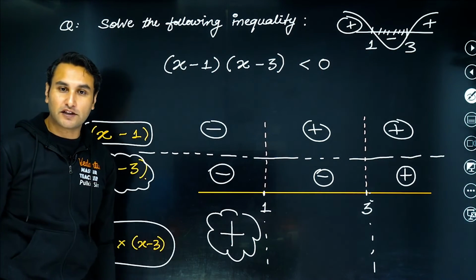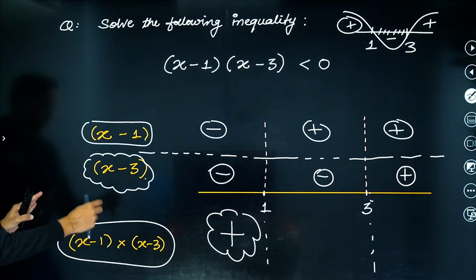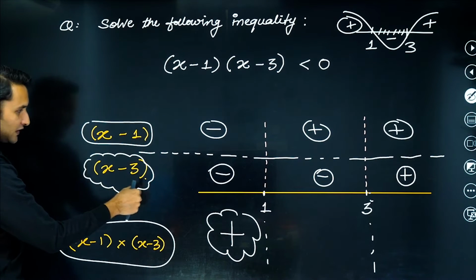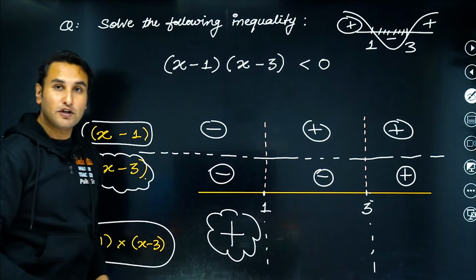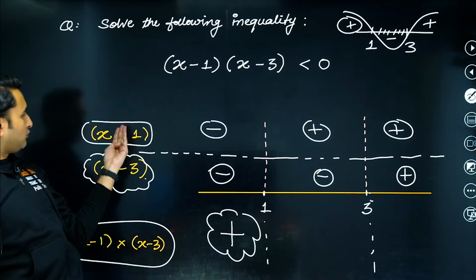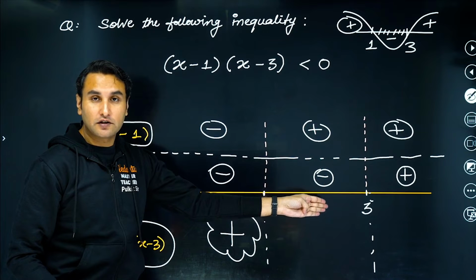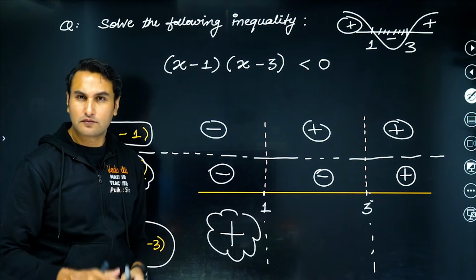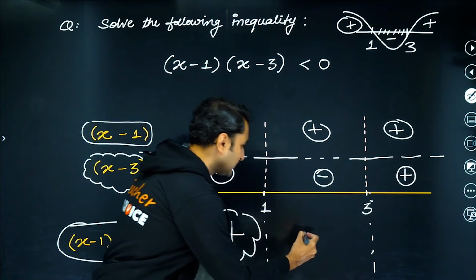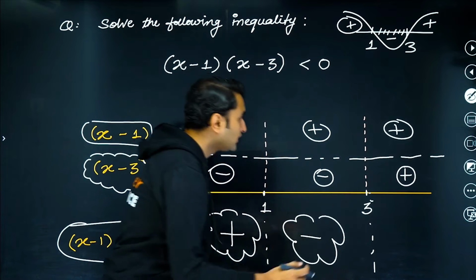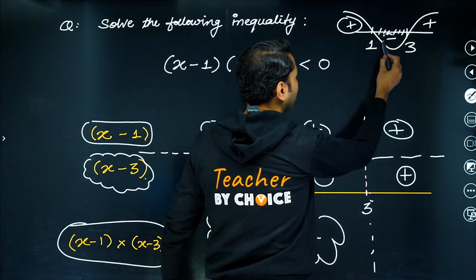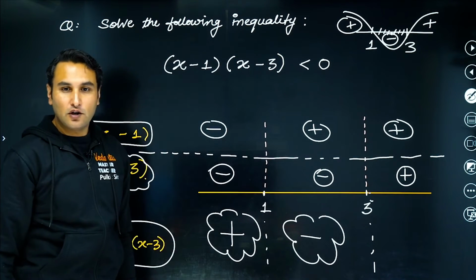This is what your wavy curve method also told you. X minus 1 into x minus 3, between 1 to 3, the signs are positive and negative. Their product, positive multiplied by negative, is negative. Do you see? Negative between 1 to 3. Awesome.